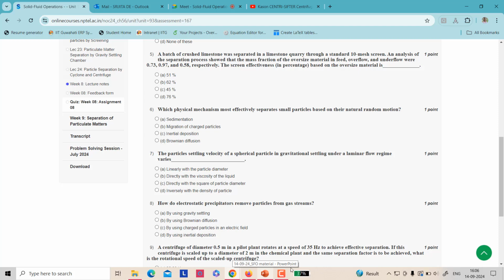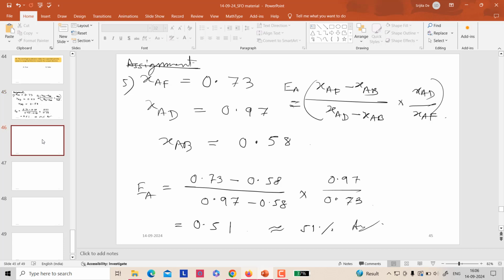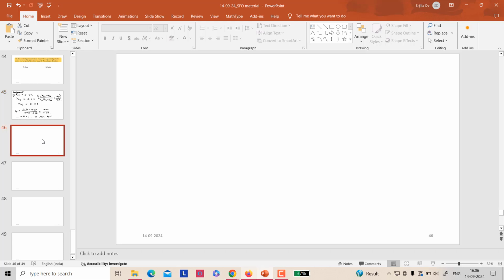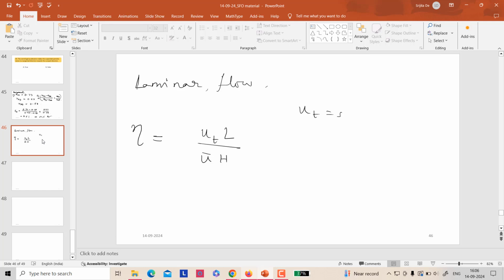Because if you notice the formula, in a laminar flow chamber, the collection efficiency, that means the settling efficiency, eta, is proportional to 3 beta UT L by U bar H. UT is the settling velocity of a particle.